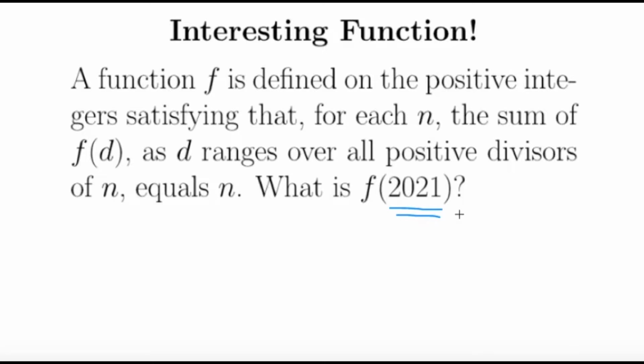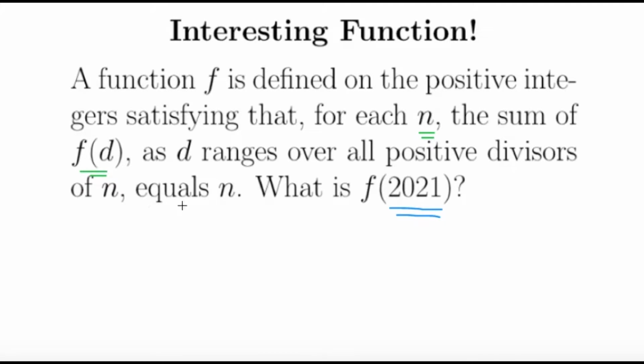Now, I already highlighted the primary interest here, 2021. If we want to get the value of f of 2021, then we might want to try writing n as a sum of f of d.